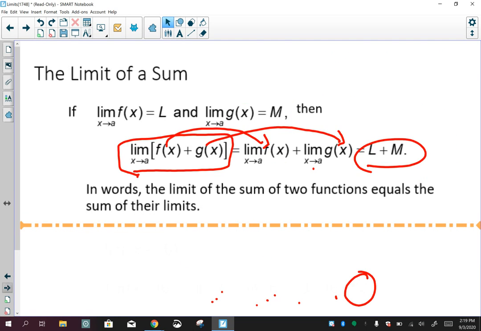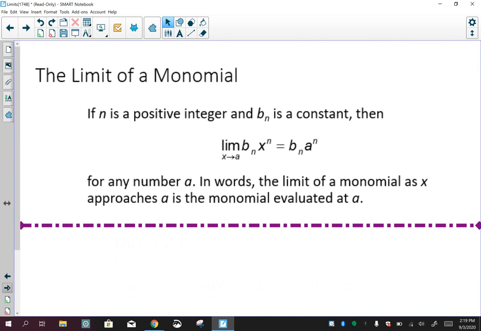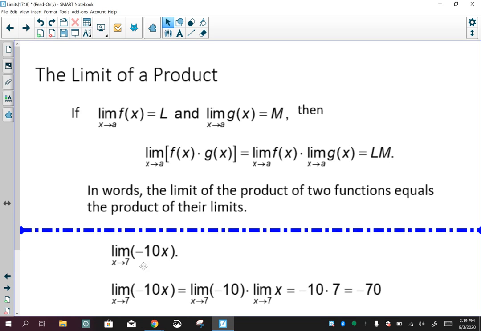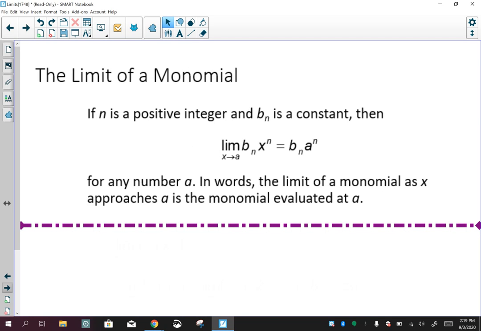So the monomial is just your single term. Instead of going through this process here, when I'm looking at the monomial, yes, I can split this up like I did here and get an answer. But if you notice, that takes a really long time to do. With a monomial, basically what we're going to do is just evaluate it.